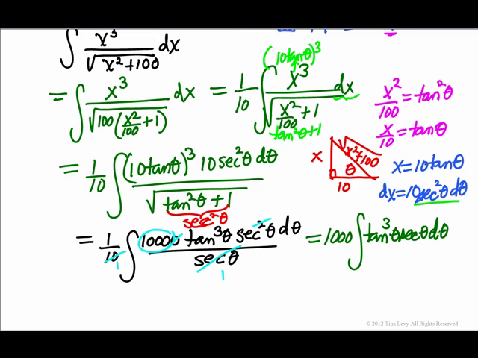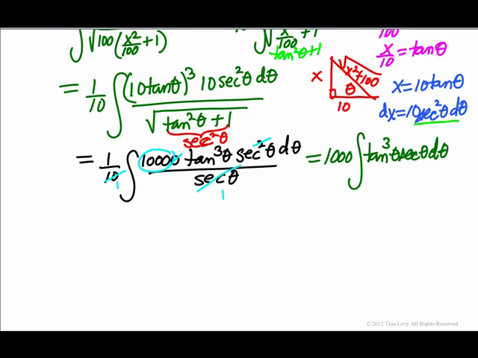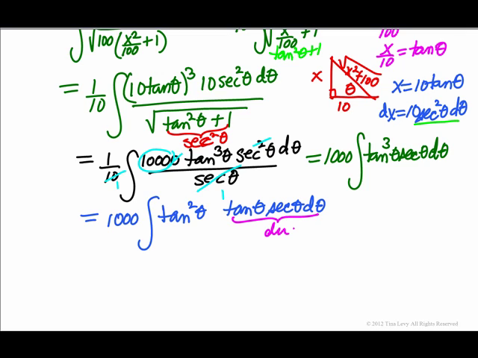And now I have a trig integral to work. So now in working this, I'm going to break out a tangent secant. So I have 1,000, the integral of tangent squared theta, but then I have a tan theta secant theta d theta. And this, of course, will be my du for u substitution.